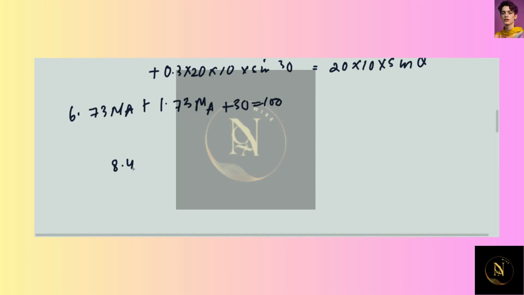So 8.46 MA is equal to 70. So MA is 8.27 kgs.